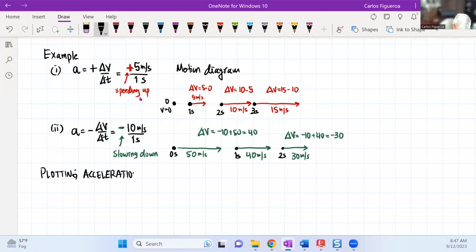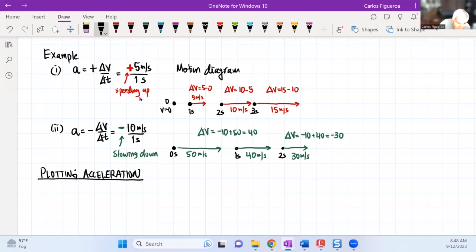Acceleration. So that we can get a sense of what we have. When we plot acceleration, it's very similar to plotting velocity or position.